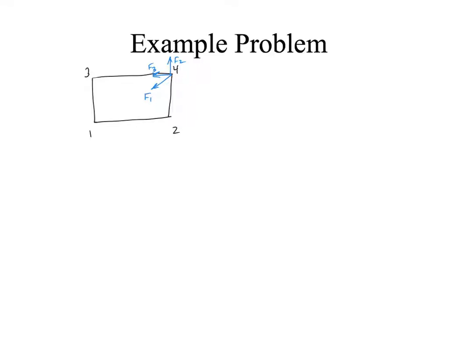So when I want to find all the x components, oh, and one of the things I'm going to need to know is this angle. And I did do the trig, and this is 36.9 degrees, just so we know. Okay, now for the x component, I have minus F3 minus F1 times the cosine of 36.9 degrees.